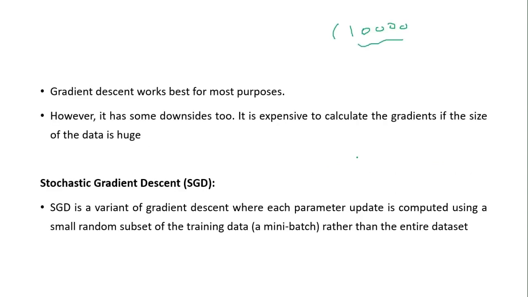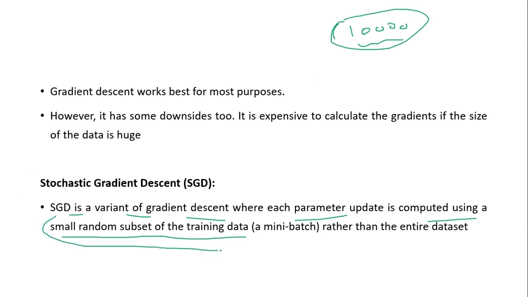In order to overcome that, stochastic gradient descent is a variant of gradient descent where the parameter update is computed using a small random subset of the training data. Instead of taking the full set of data, we will take a small random subset, a mini batch, we can say.